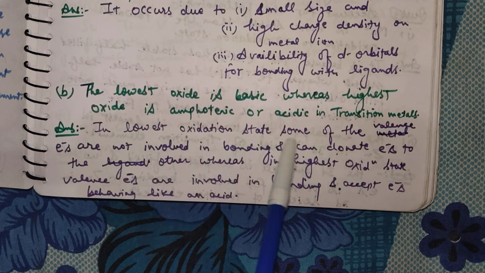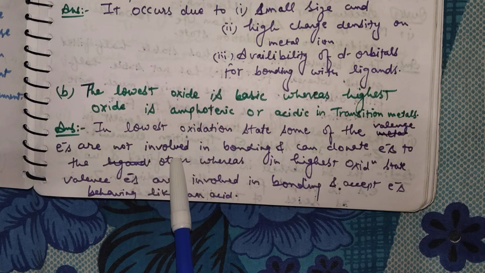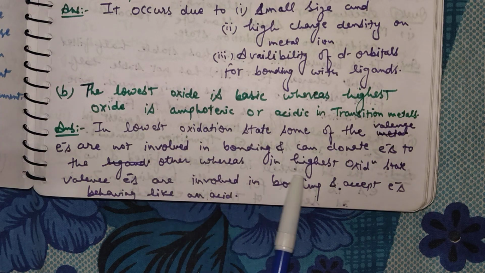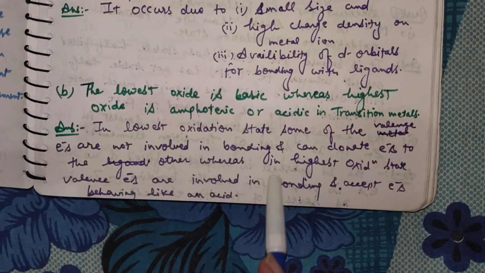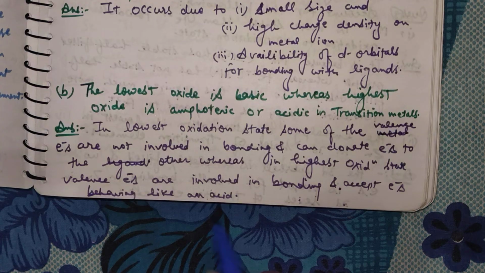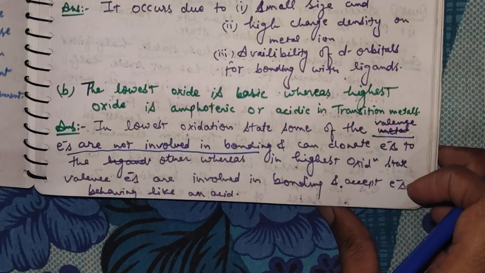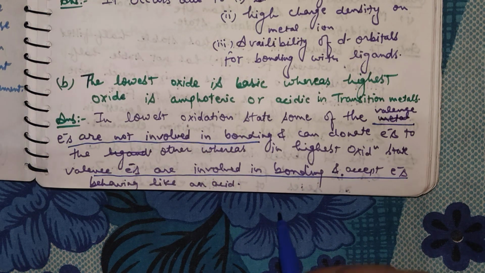The reason is that in the lowest oxidation state of a metal, some of the valence electrons are not involved in bonding and can be donated to others, whereas in the highest oxidation state, valence electrons are involved in bonding, accept electrons and behave like an acid.